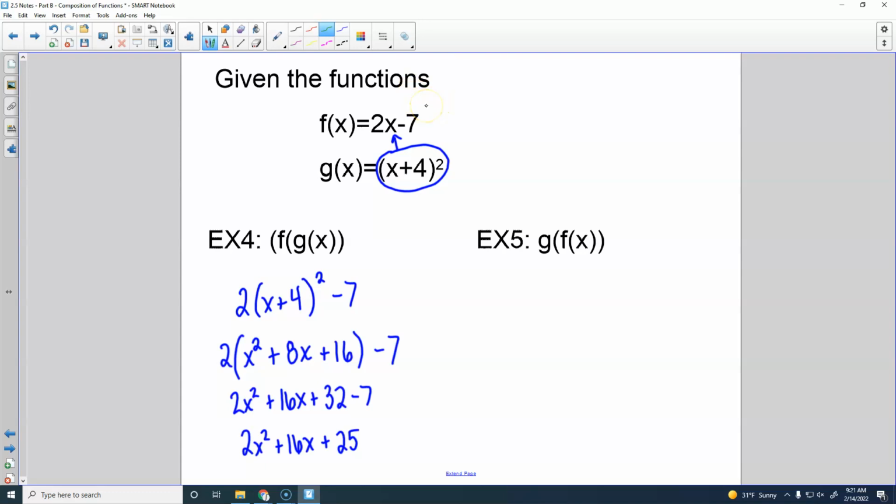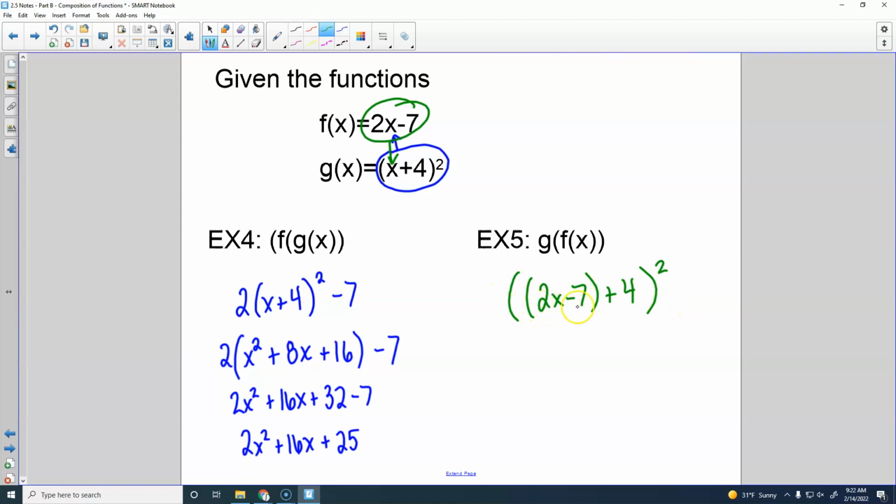All right, when we're finding g of f of x, we're taking f and plugging it into g, so that's going to look like this: 2x minus 7 plus 4, squared. You could go ahead and square this like it is, but it will be much easier if you just combine the things inside the parentheses first.